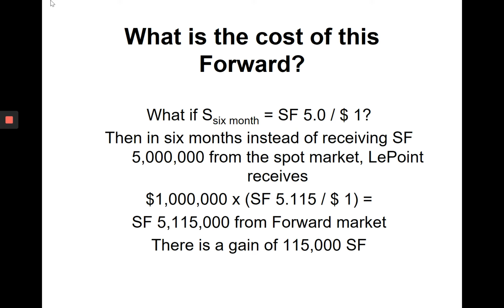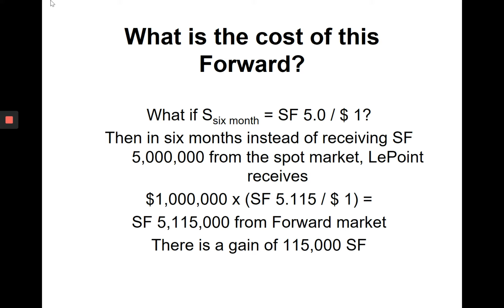Let's go on one slide and redo this slide and think about it, read it, and learn it. This slide is asking us, what is the cost of this forward? What if S of 6 months, the spot price in the future 6 months from now, is 5 Swiss francs per $1?